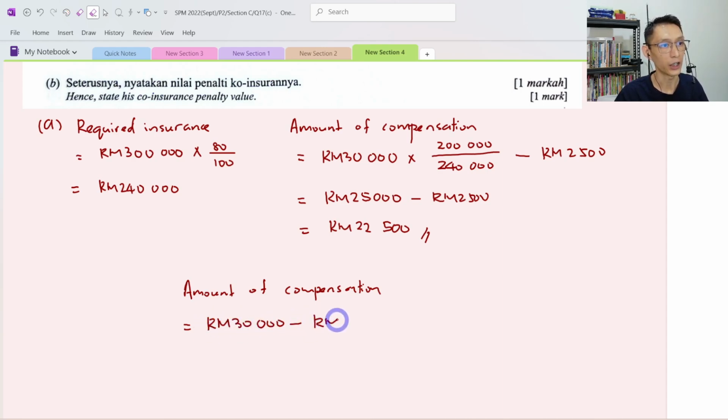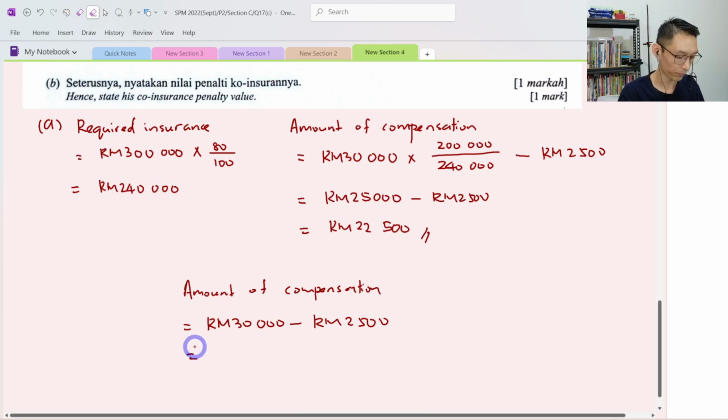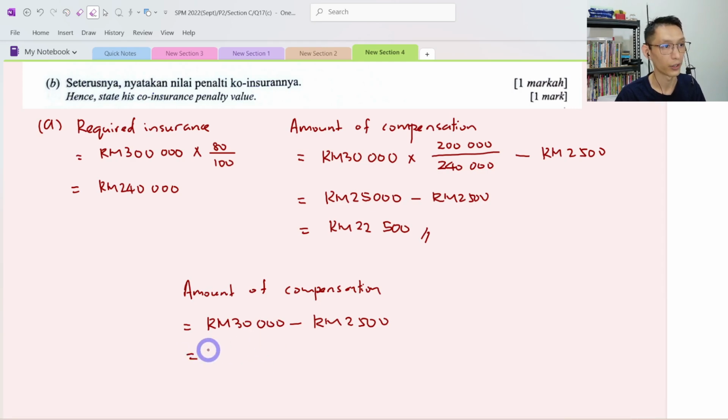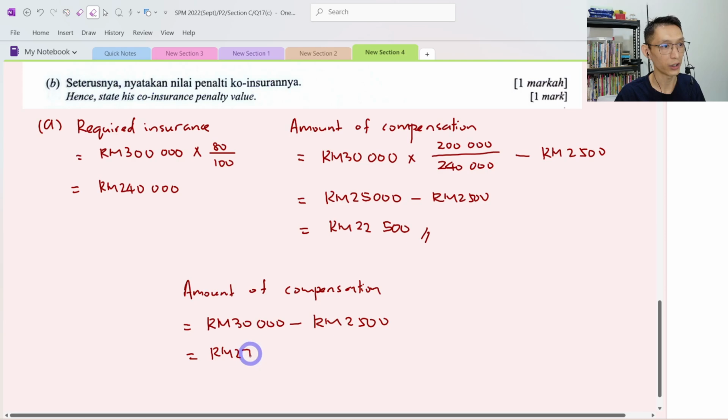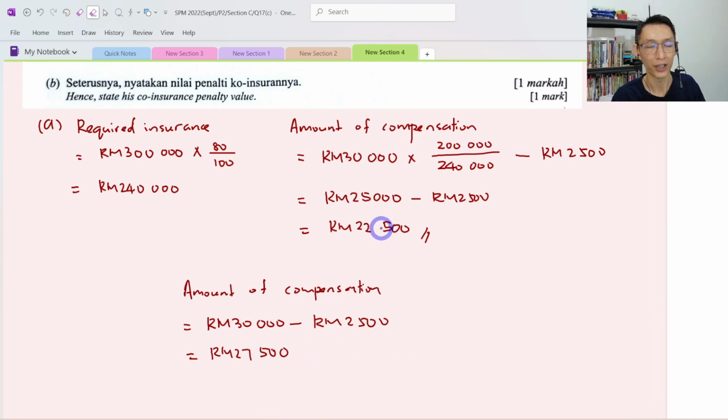If Injay Fahim insures his house with the required insurance amount, this is the amount that he will receive, which is 27,500. Now, do you notice that the other amount is less? The difference between these two is the co-insurance penalty.